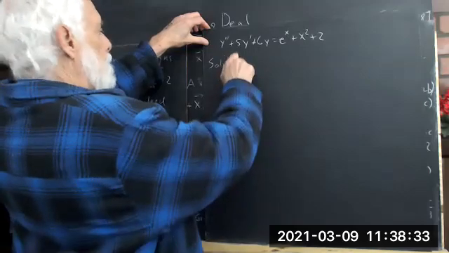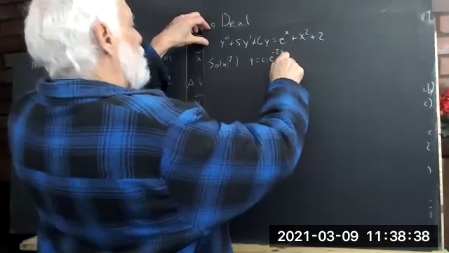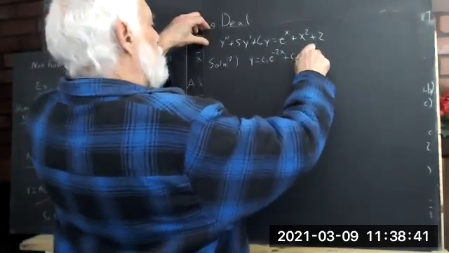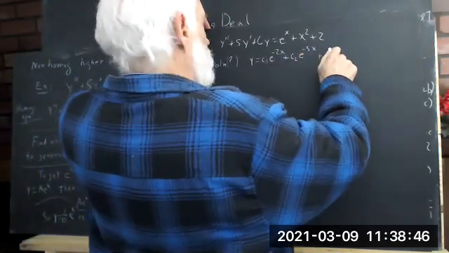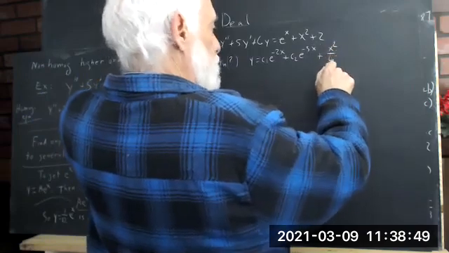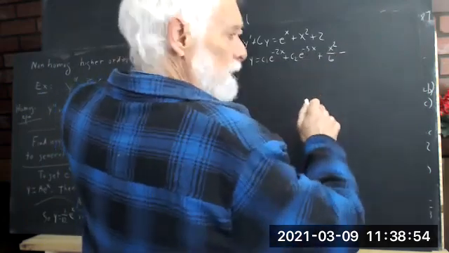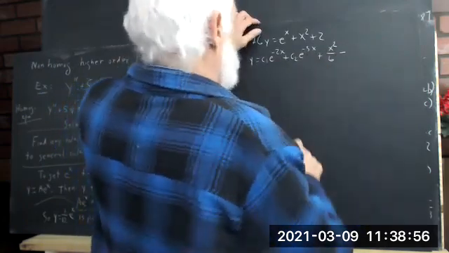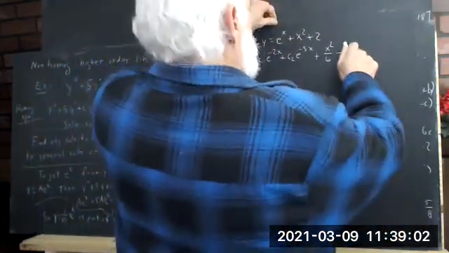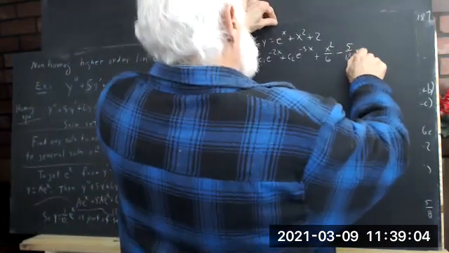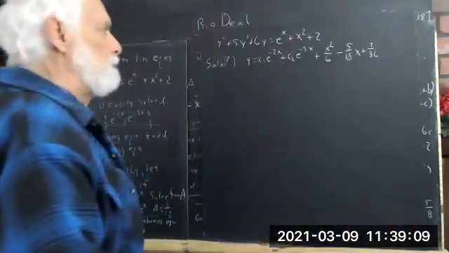Our solution, question mark, is y equals C1 e to the -2x plus C2 e to the -3x plus x squared over 6 minus 5/18, was it? And 7/36. Let's check. -5/18 and 7/36. Yeah. Okay.